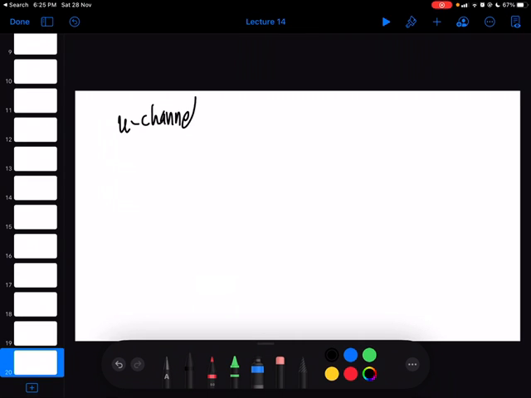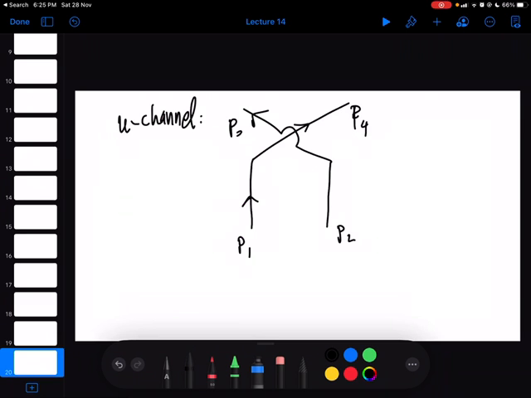So you can have a U channel. Again P1, P2, P4, P3, and q is now P4 minus P1, squared, instead of P3 minus P1. Essentially I just exchanged P3 and P4.